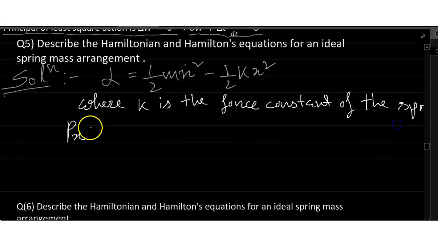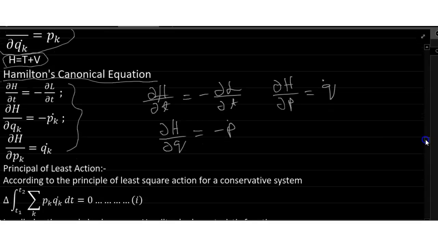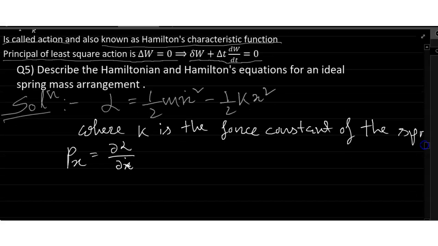Taking del L by del x dot, because friends, by the canonical form we get del L by del x dot equals m x dot.